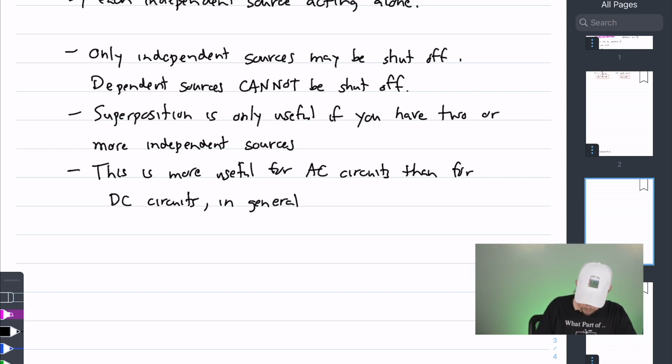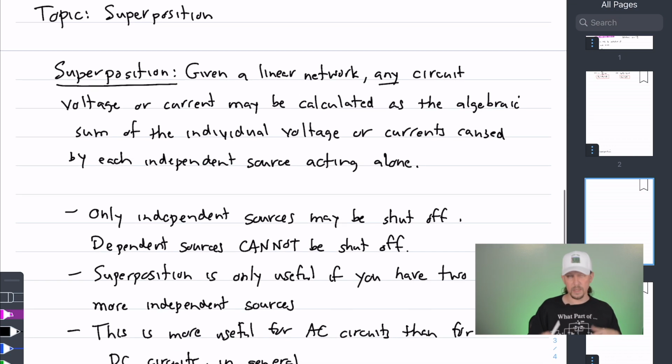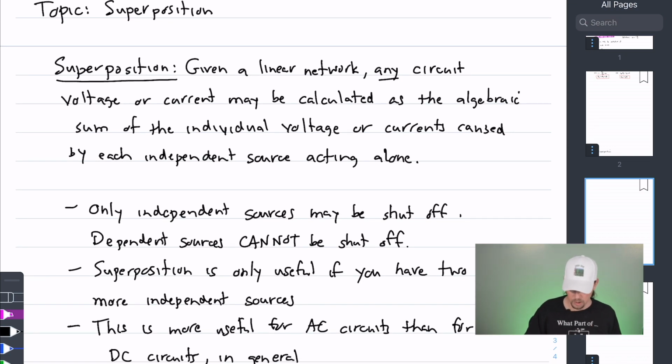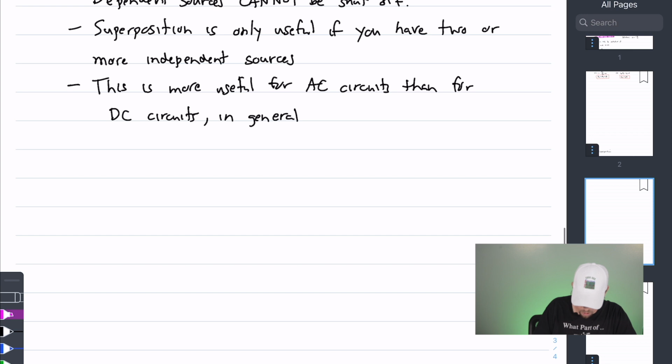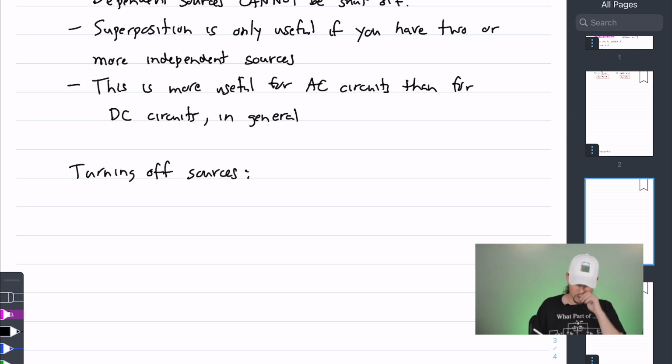Now, let's talk very briefly as well about what it means to shut off sources. When it comes to turning sources off, there are two separate sources that we actually have.